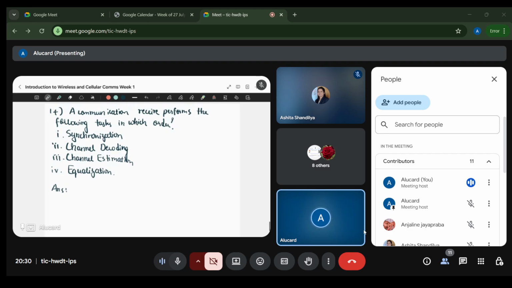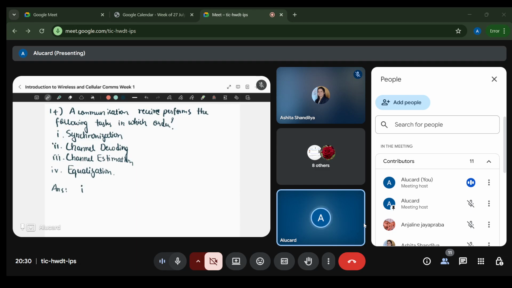So, these are four of the tasks that a communication receiver performs, and the order would be: first you have to synchronize.